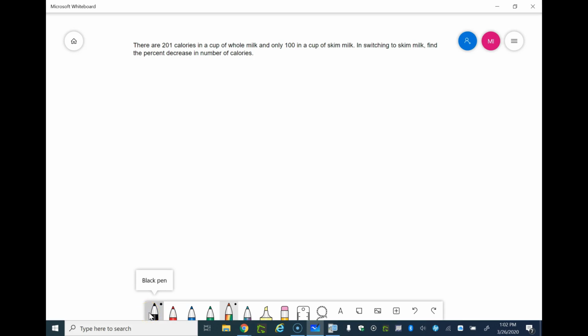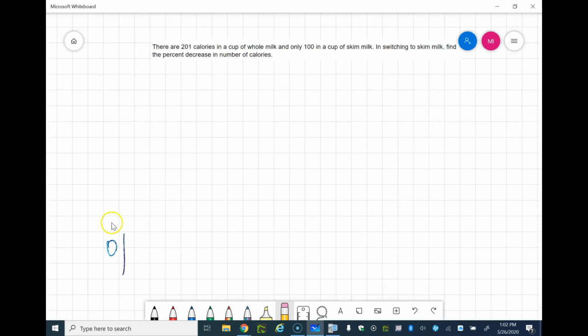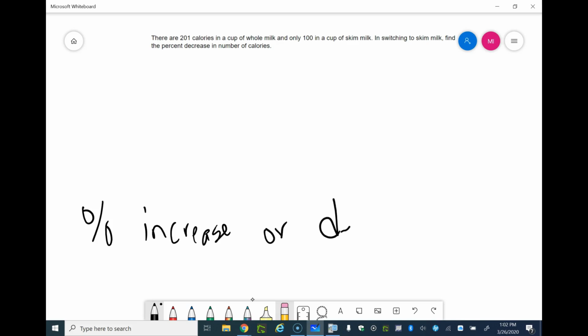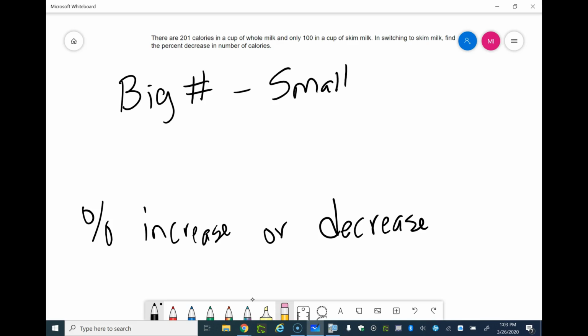So if you want to title this in your notes, if we're trying to find the percent increase or decrease, this is where we're going to use this formula: big number minus the small number, and we're going to divide it by, whatever word makes sense for you, the original number or the starting number.